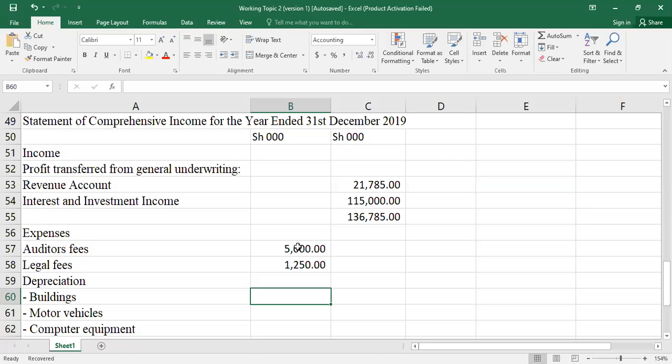Badaka inakwanga cost minus salvage value over hiyo year. Ama ni ngapi? Watu wamenyamaza. Imagine, people are quiet. Nyinyi watu mko aje? Cost minus salvage value over years. Hebu acha niangalie. John, ongea.